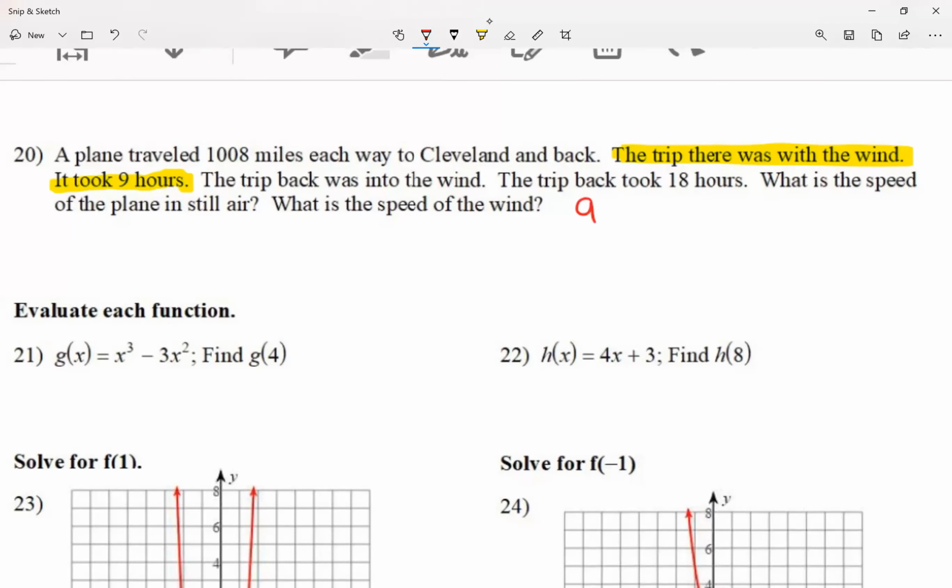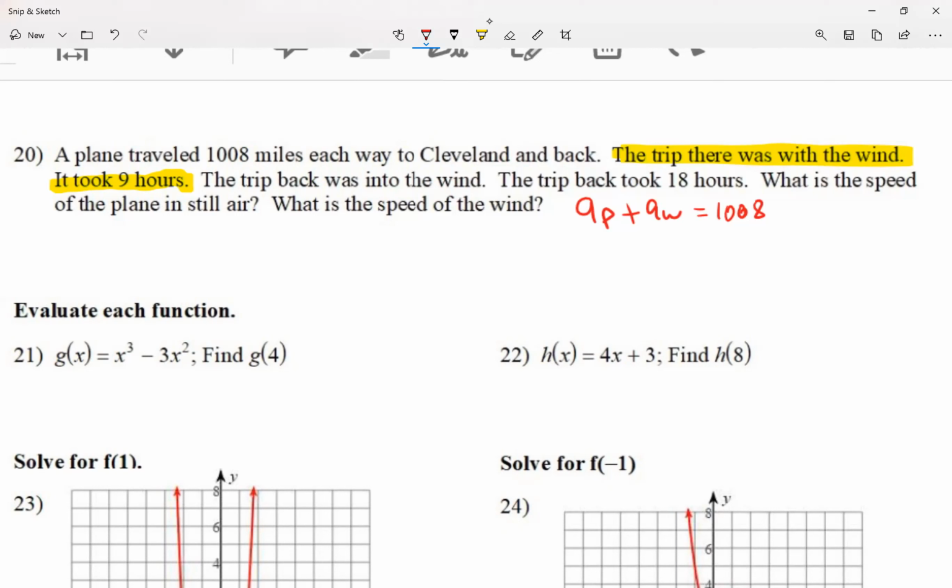So 9P, because 9 hours, the speed of the plane, plus 9W, 9 hours with the wind, it was 1,008 miles. So P is how many miles the plane is traveling, and W is how many miles the wind is traveling. I use plus because it's with the wind, right? So the wind is helping us out.